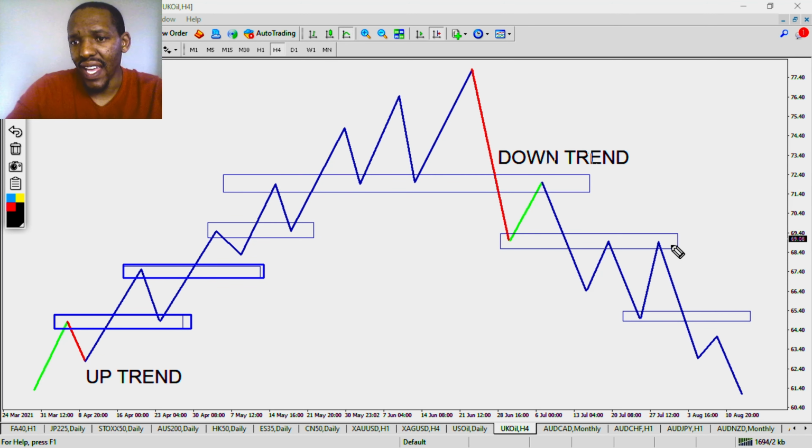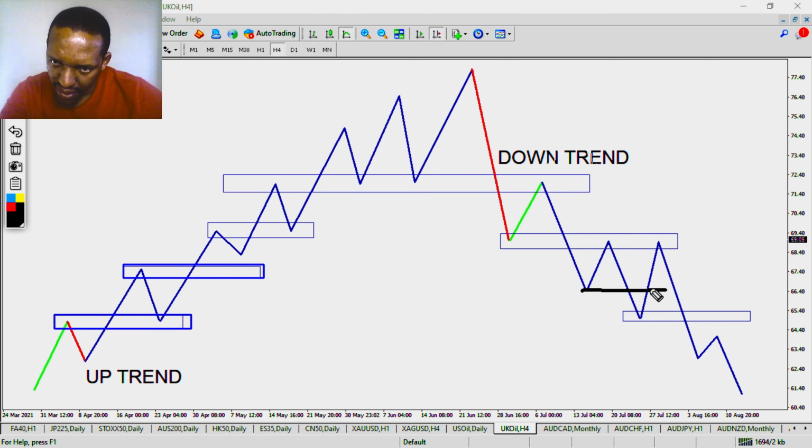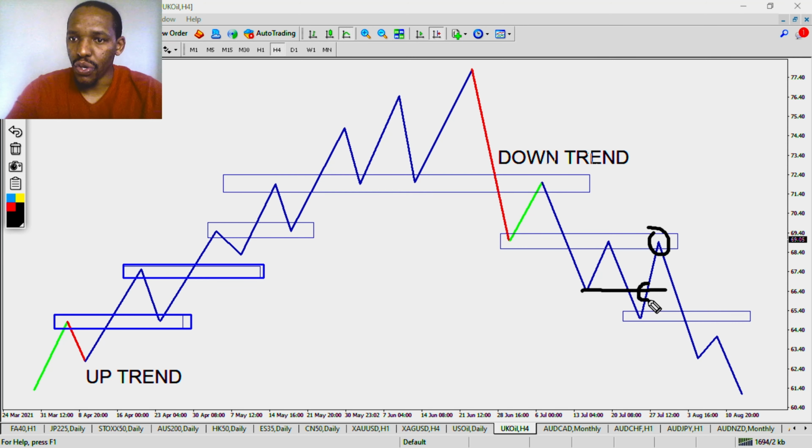So at this area right here, this is where you'll be looking for your entry. And that doesn't happen because you had this pullback, this impulse move, and then you're looking for a sell there, and it doesn't give you that. So what happens is that you'll usually look for an opportunity at this area, if this area only was broken and did not give you the right candlestick confirmation.